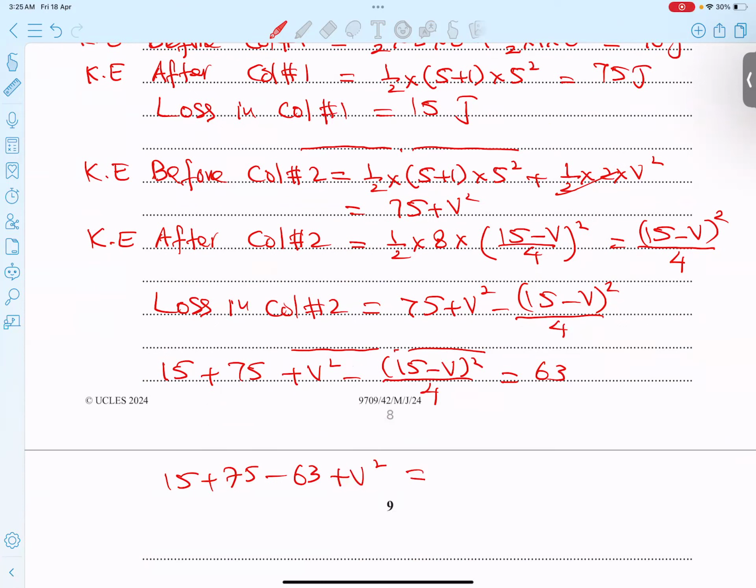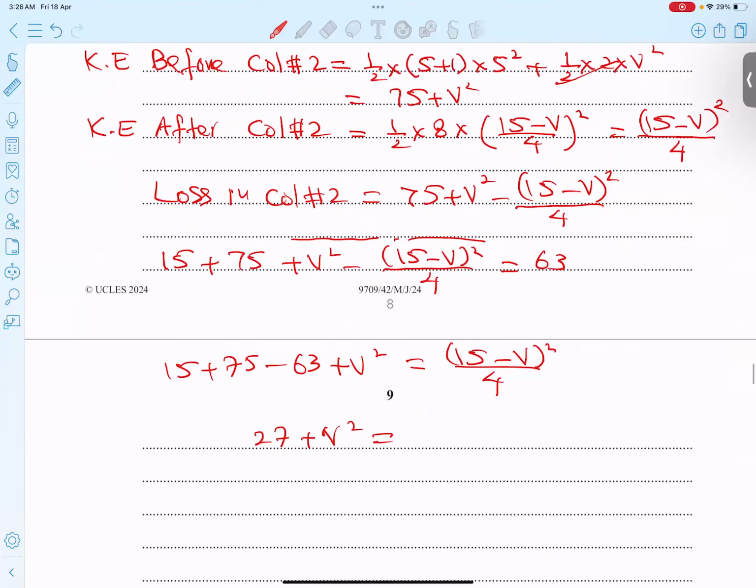Let me write first as it is, then I will expand. These three values, if you check, 90 minus 63, you've got 27. So 27 plus v squared, and I will expand it: 15 whole squared, negative 2 into 15 into v plus v squared over 4. 4 multiplied there, and it's very clear.